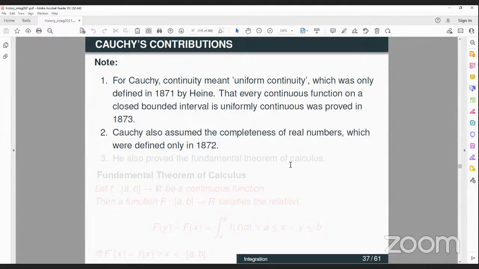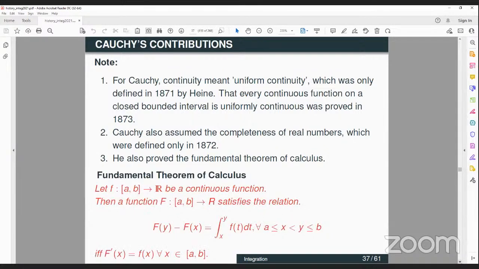Of course, he assumed the notion of completeness of real numbers, which was only later given by Richard Dedekind in 1872. But he proposed and gave a proof of the fundamental theorem of calculus, which is the crucial thing which connects the two parts of integral with the differential calculus.